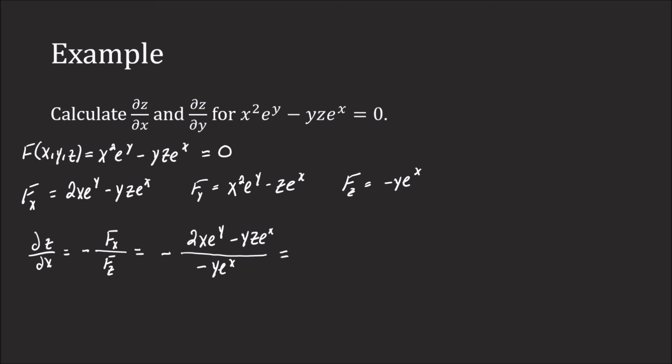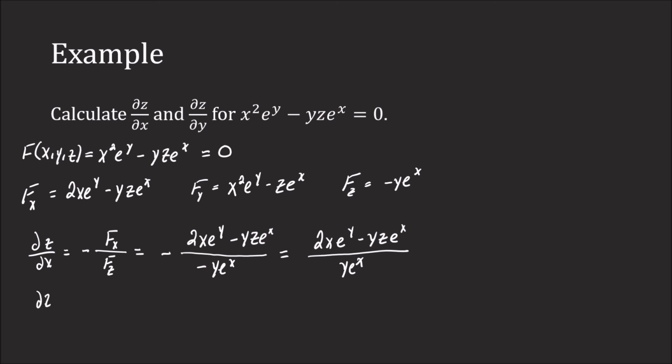We can cancel out those negatives and be left with 2x e to the y minus yz e to the x, all over y e to the x. And it's as simple as that. Definitely a lot easier than the Calc 1 implicit differentiation.